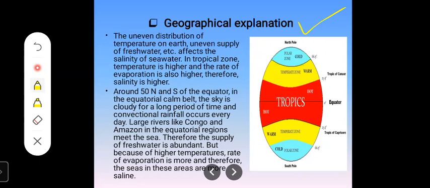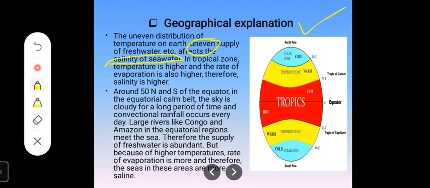See now, the uneven distribution of temperature on earth and uneven supply of fresh water affect the salinity of seawater. In yesterday's lesson we have studied that there is not equal distribution of water on the earth. Why is it not equal? If uneven supply of fresh water is there on the earth, at that time it will affect the salinity of seawater.